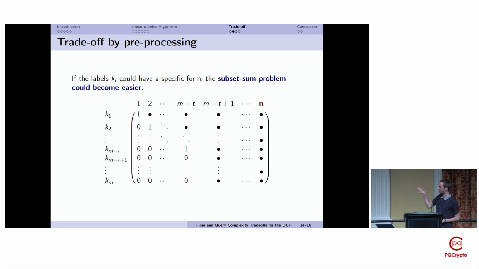This is a bit writing of the different labels. You could somehow shape them, so force some bits to be 0 here, like this. This would make the subset sum problem a bit easier. And depending on how many constraints you can put on these labels, so how many bits you can put to 0 here, the subset sum problem is going to be easier or harder.